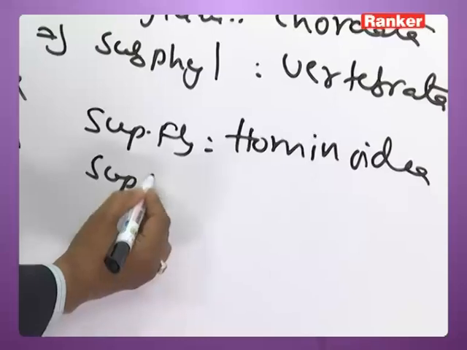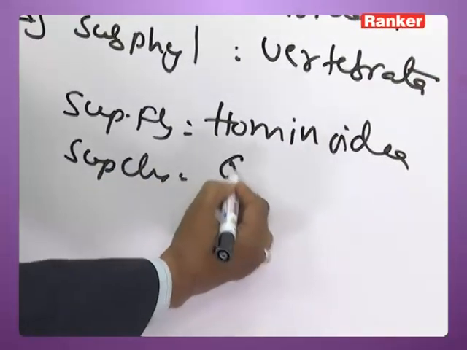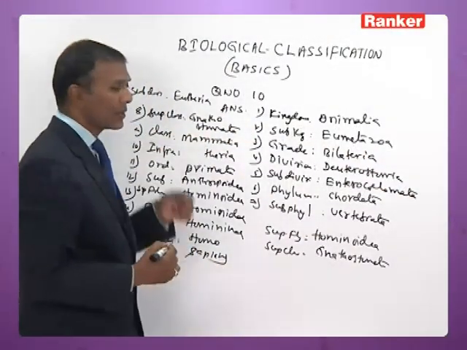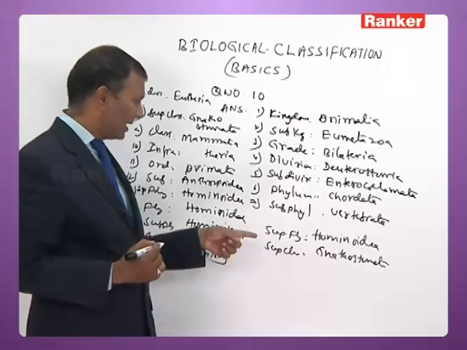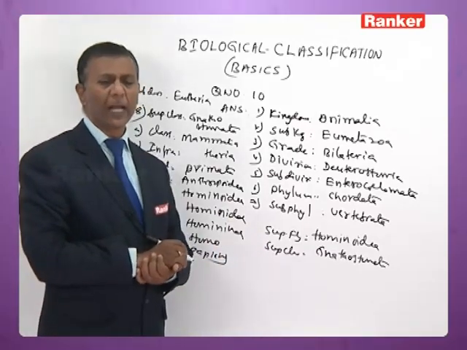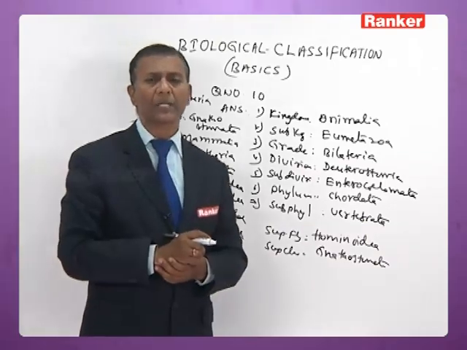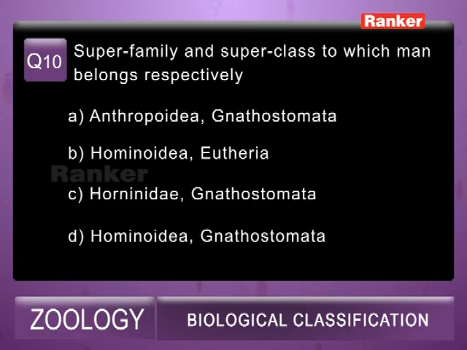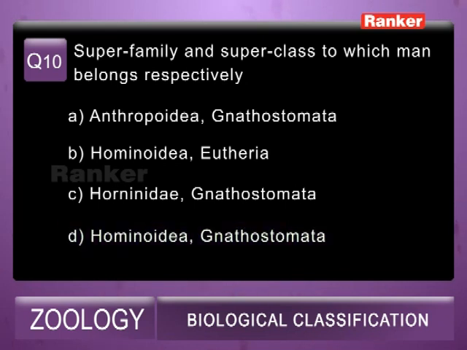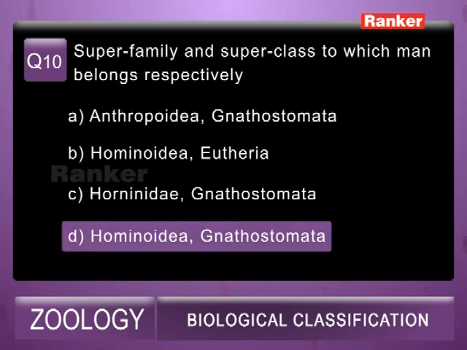It belongs to superclass Gnathostomata. Superclass is given here, Gnathostomata. So the answer is Hominoidea and Gnathostomata, which are given under option D. So for the 10th question, the correct answer is option D.